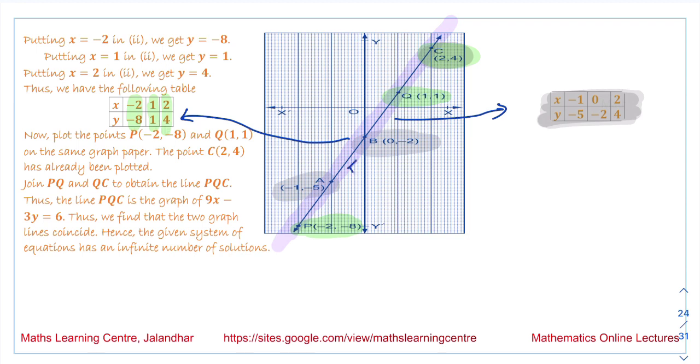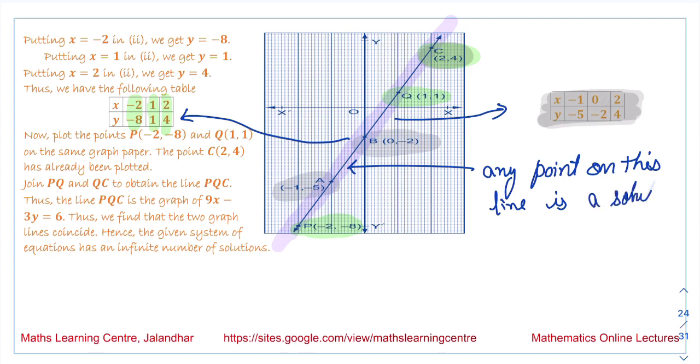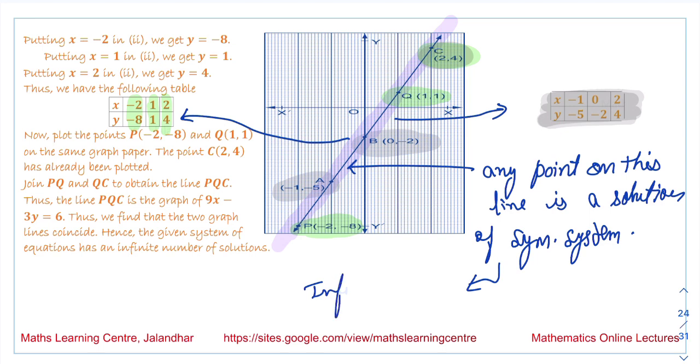So any point on this line is a solution of the simultaneous system that is given to us. So how many points do we have? We are saying we have infinitely many solutions.